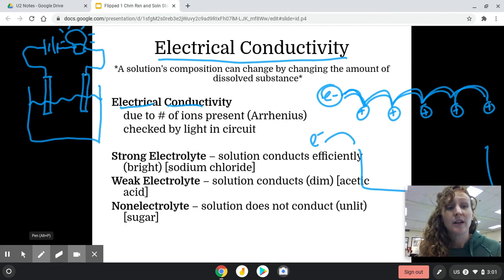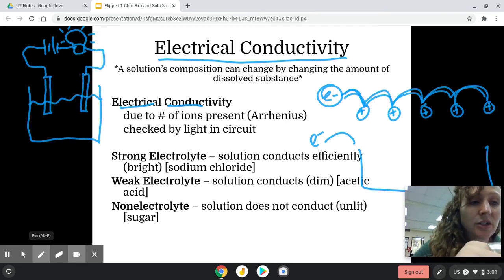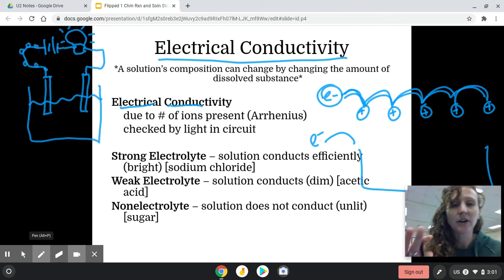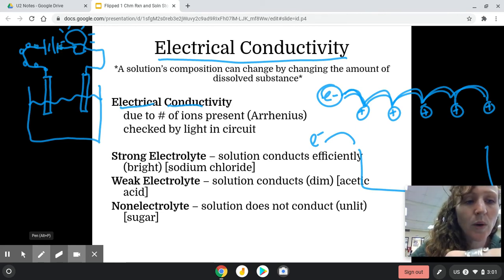So if the solution can allow these little electrons, the battery is pushing little electrons through the wire. When the little electrons are pushed into our light bulb, the light bulb filament glows, right?